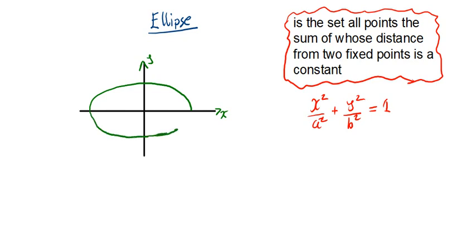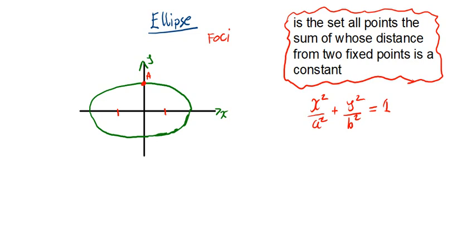I believe we have come across a lot of shapes that have an elliptical shape. What I mean by the definition saying a set of all points where the sum of whose distance from two fixed points is a constant is that if I pick a point here, let me name this point A. Then let me pick those two fixed points. I'm going to put one here and one here, and those fixed points we call the foci.